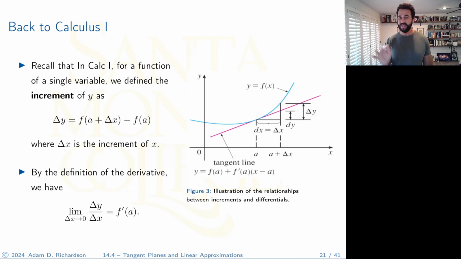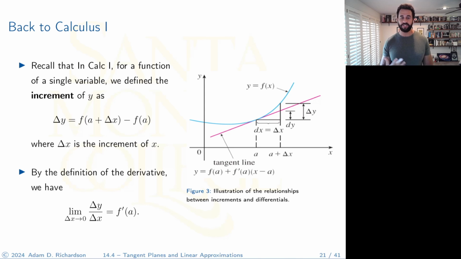So quickly flash back to Calc 1. If you remember back in Calc 1, for a function of a single variable, we defined the increment of y as the change in y. That's basically it. The increment of x was delta x. There's a corresponding or associated increment in y, which is just the change in the outputs, right?